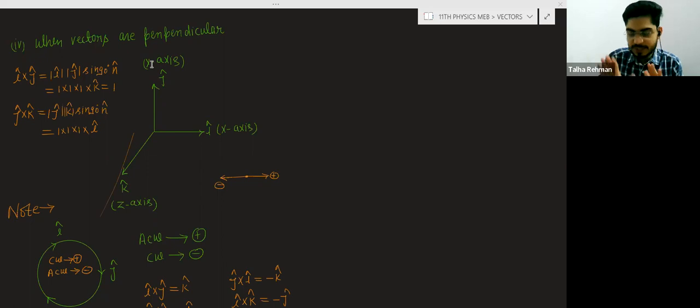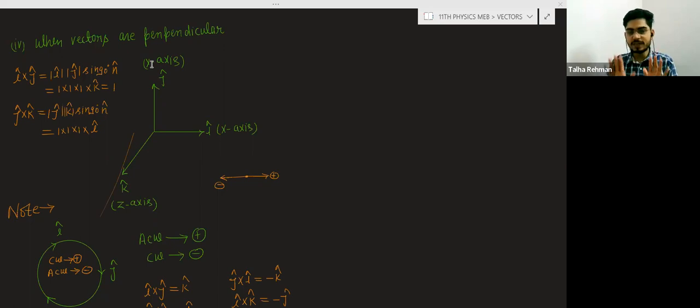Just remember the direction. Just listen. Suppose you are here, and this is your right side and this is your left side. This direction is the x-axis, so this is positive x and this is negative. Now in this direction, upward is positive y and downward is negative y.